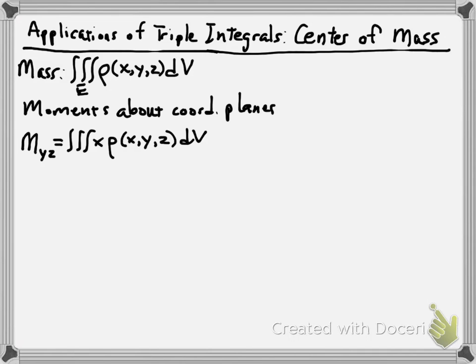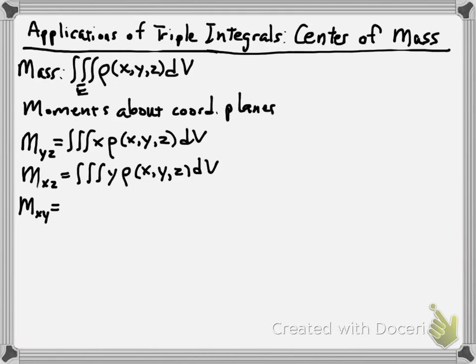And if we write down the moment about the xz plane, this integral is going to be a triple integral where the integrand is y times density. And then finally the moment about the xy plane, we are going to do a triple integral of z times density. And all three of these integrals are over the solid region E.